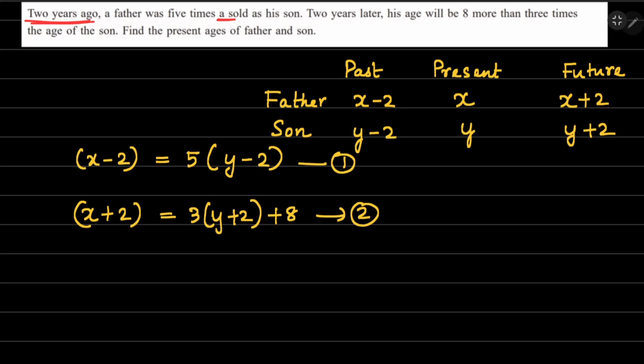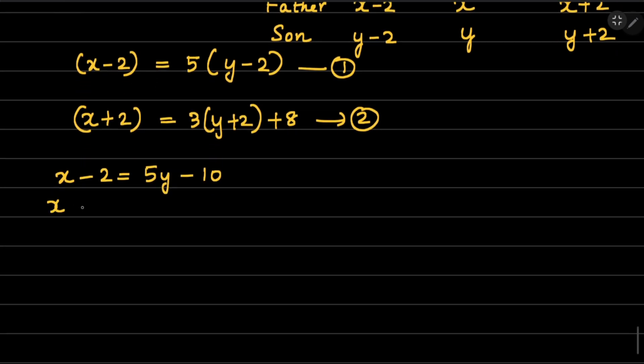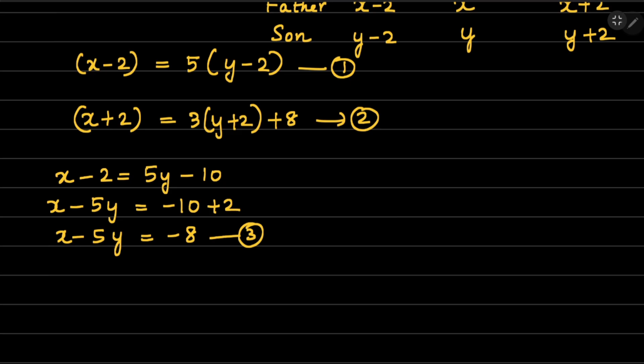Okay, so let's expand this. Equation 1, when you are opening, what will you get? x minus 2 equal to 5y minus 10. So x minus 5y equal to minus 10 plus 2. I usually never skip the steps even if I can, in order to avoid any silly mistakes, because human errors are very much possible. So be careful. So from equation 1 on solving, you have got equation 3.